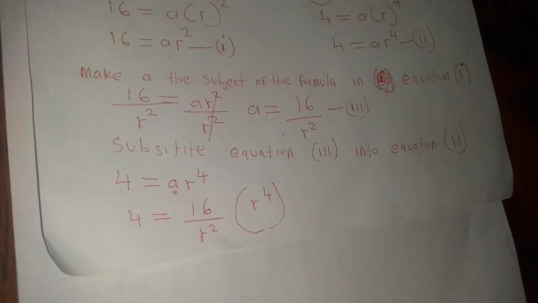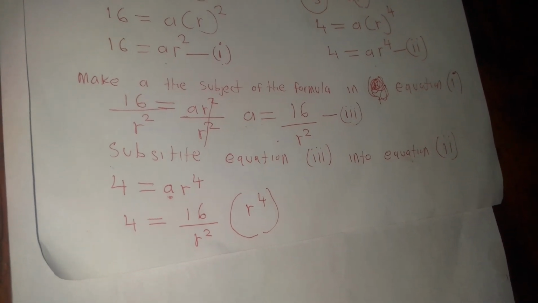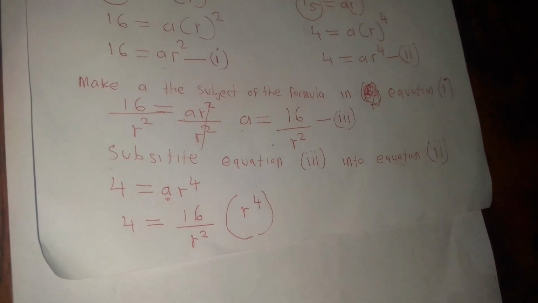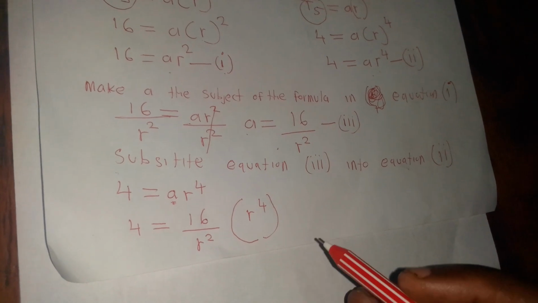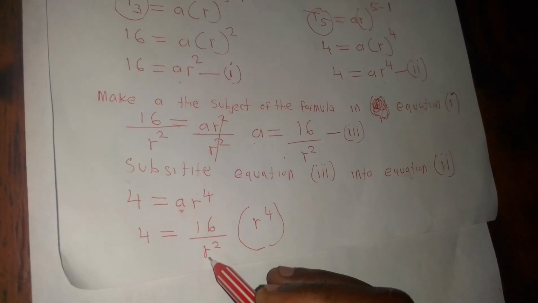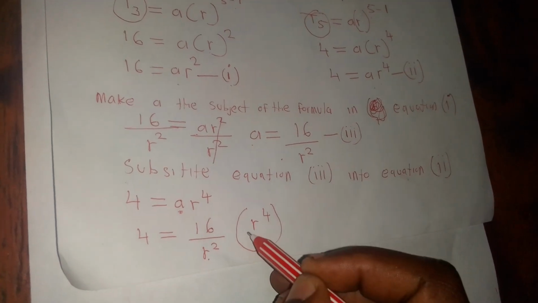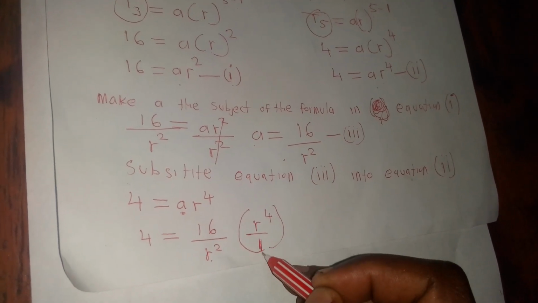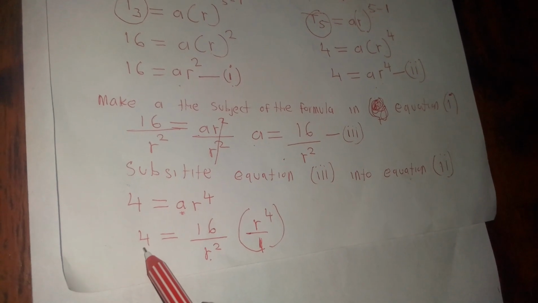At this time, since they are multiplying, it's more like we are dividing this R and this. Or to avoid confusing you, we can put over 1 like this. Then I want to maintain this 4.